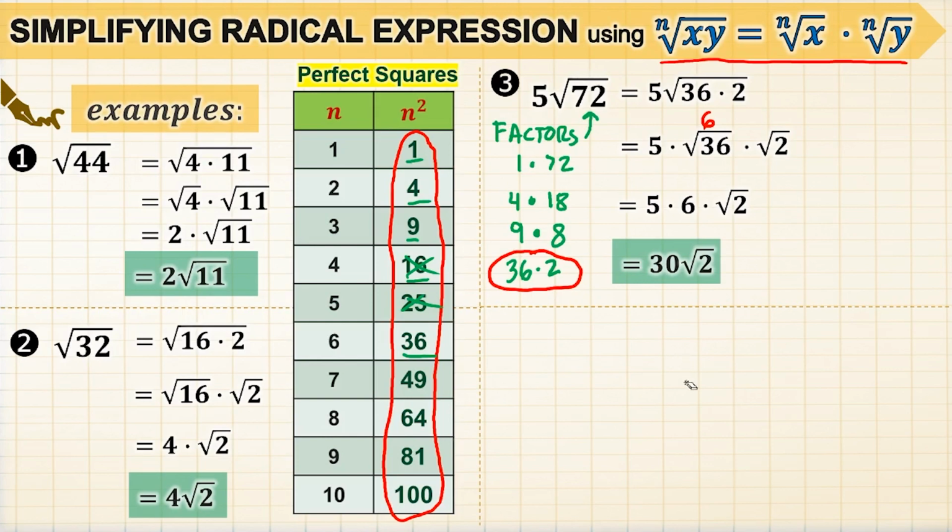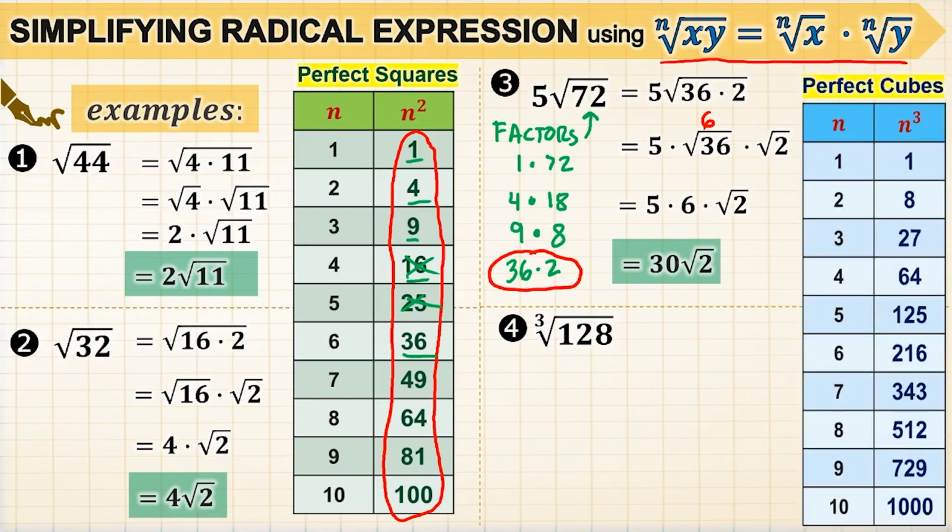Ayan. So, for the following examples, example number 1, 2, and 3, these strategies are applicable if the given question is a square root. Kung ang isi-simplify natin ay square root. Pero paano naman kapag cube root katulad nitong number 4? Now, this time, we have the question cube root of 128. So, gagamit naman na tayo ngayon dito ng perfect cubes.